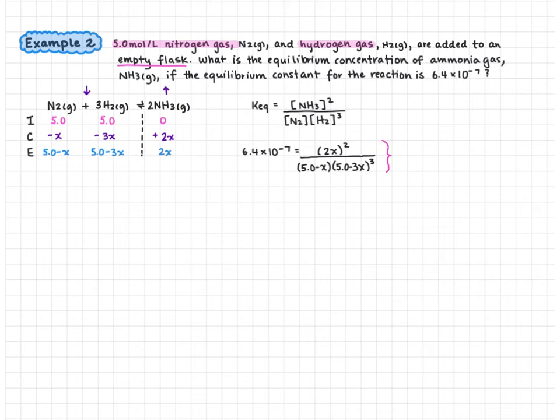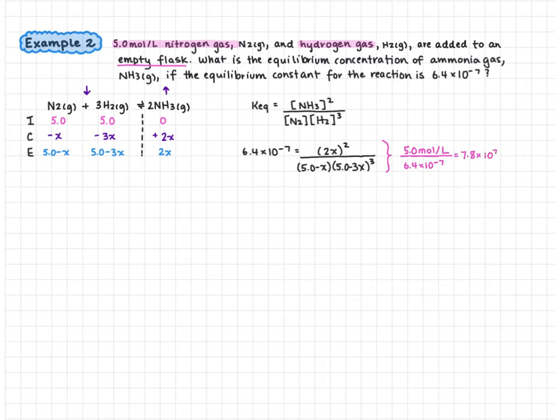So we are going to investigate the initial concentration of one of our reactants, so 5.0 moles per liter, divided by our equilibrium constant, which is 6.4 times 10 to the negative 7. So 5 divided by 6.4 times 10 to the negative 7 is 7.8 times 10 to the 7.